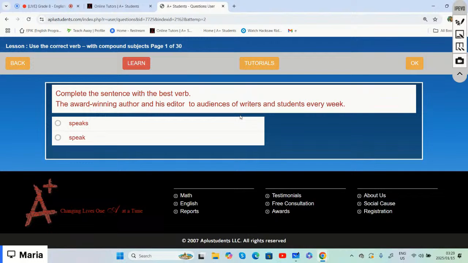All right. So now we're going to look at the first one that says complete the sentence with the base verb. The award winning author and his editor, do we say speaks or do we say speak to audiences of writers and students every week?